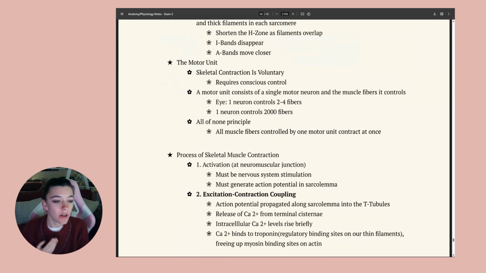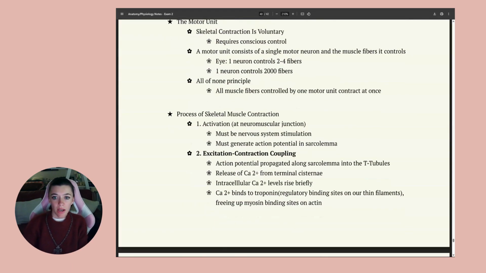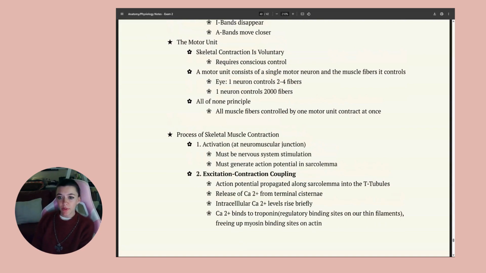Okay, yeah, so in larger muscles, like your calf muscle, aka your gastrocnemius, that is where one neuron will control like 2,000 fibers. But in your eye, where it's very specific, it's a much smaller ratio. And then, yeah, it's like the all or none principle. All muscle fibers controlled by one motor unit contract at once.